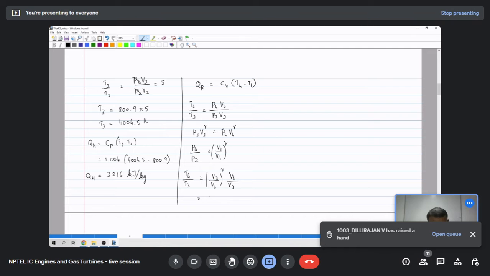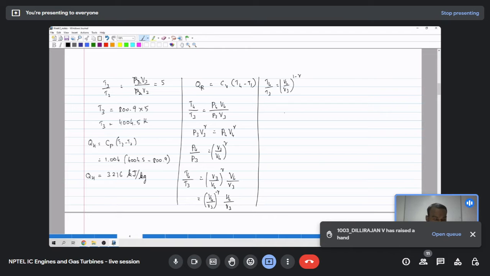This will be V4 by V3 power minus gamma into V4 by V3. So T4 by T3 is V4 by V3 power 1 minus gamma.